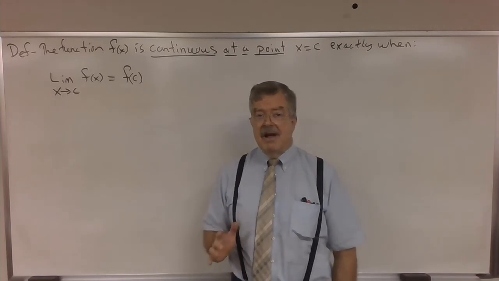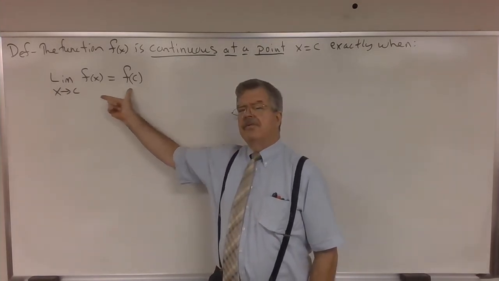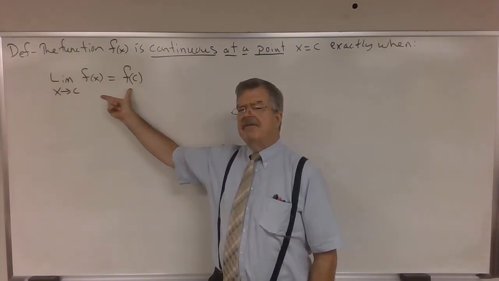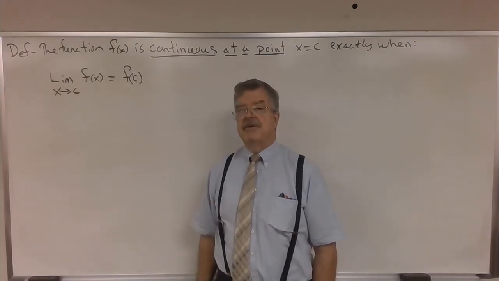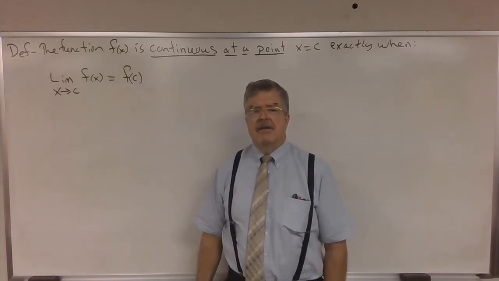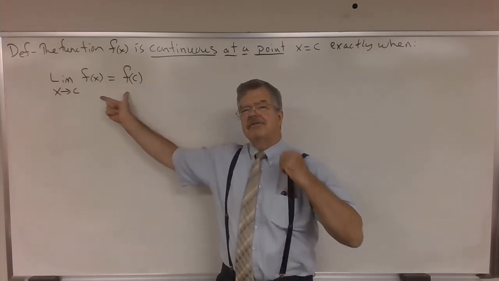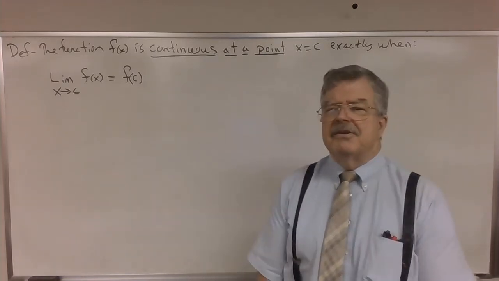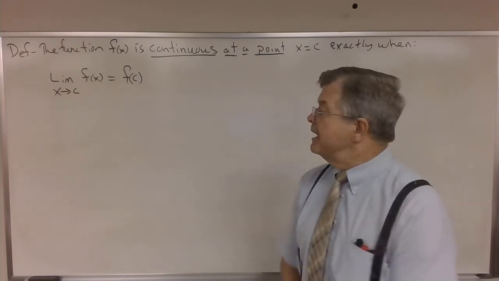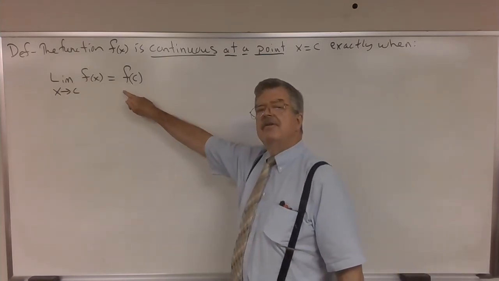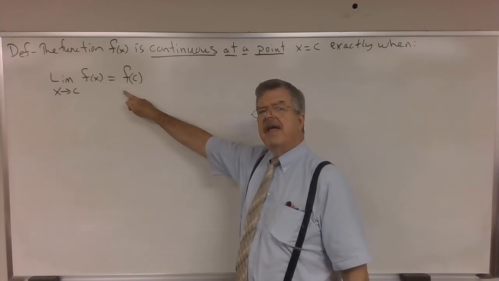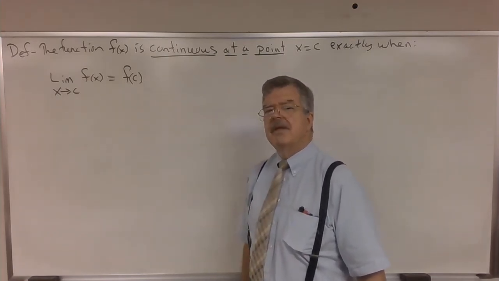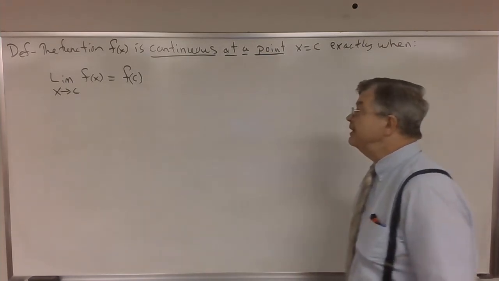It's not at all obvious what this statement has to do with our graph having or not having breaks or interruptions in it. So to get an idea of why this criterion is relevant, let's consider how it might be possible for a function f of x to fail to be continuous at a point x equals c.